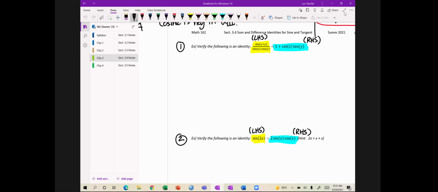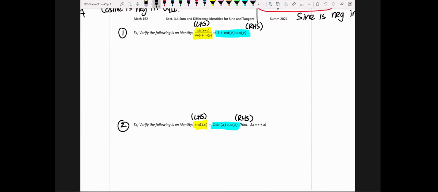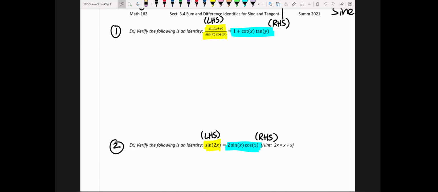So we'll start with Justin. Justin, in your group discussion, what did you decide for the first step here? Start on the left side, and then I use the sum of differences for the top, but then I split it. I put sine of x cosine of y over sine of x cosine of y plus cosine of x sine of y over sine of x cosine of y.